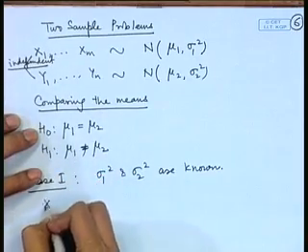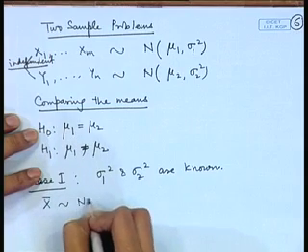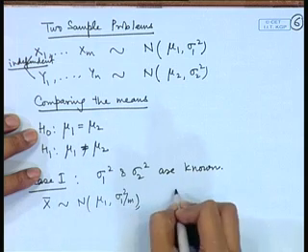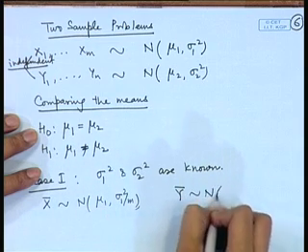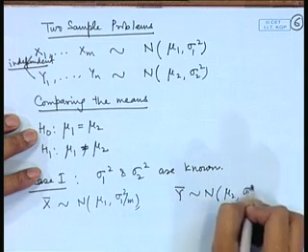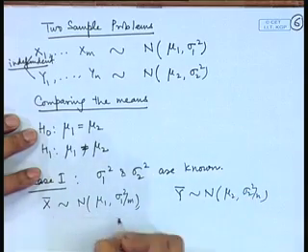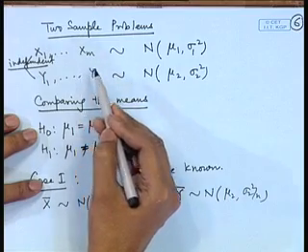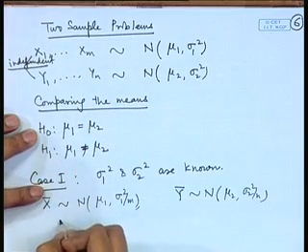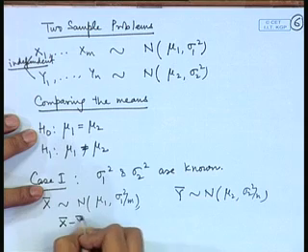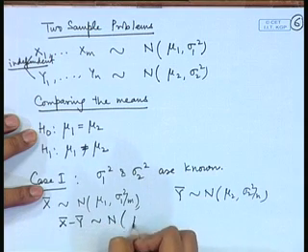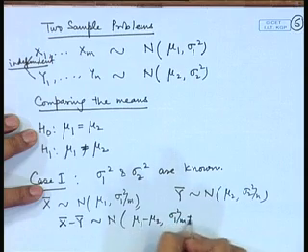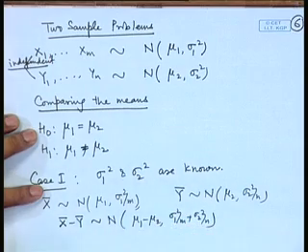We may consider x bar as normal mu1, sigma 1 square by m, and y bar as normal mu2, sigma 2 square by n. Now, x bar and y bar are independent because these two samples are considered independent. Therefore, the distribution of x bar minus y bar is normal with mean mu1 minus mu2 and variance sigma 1 square by m plus sigma 2 square by n.